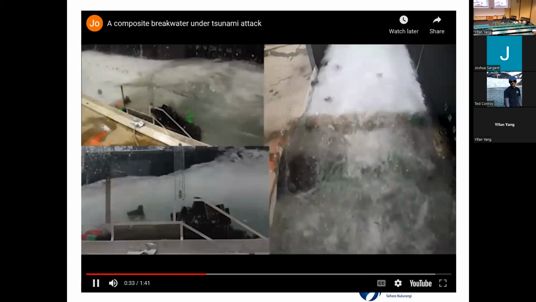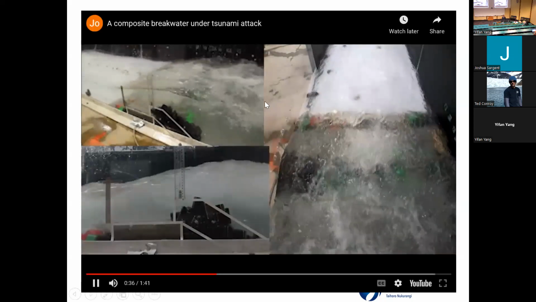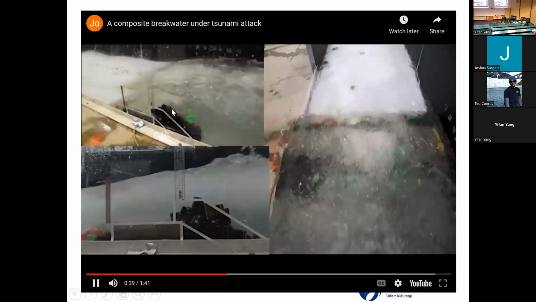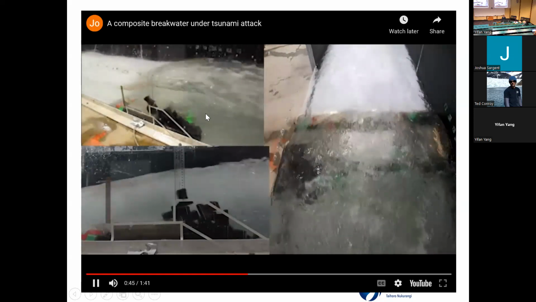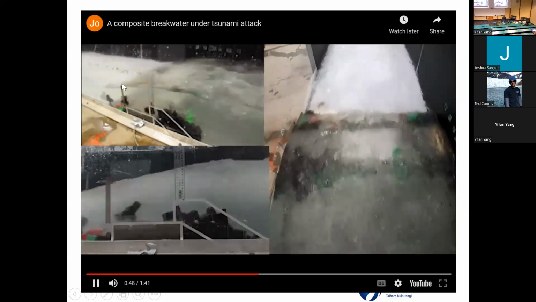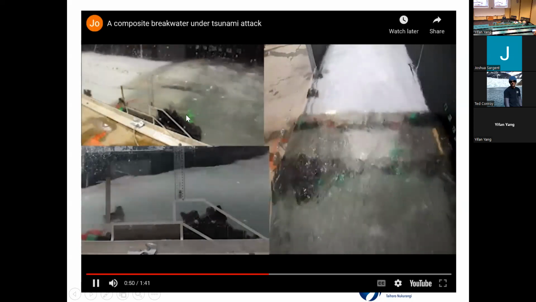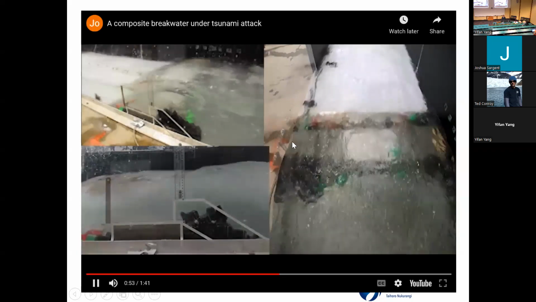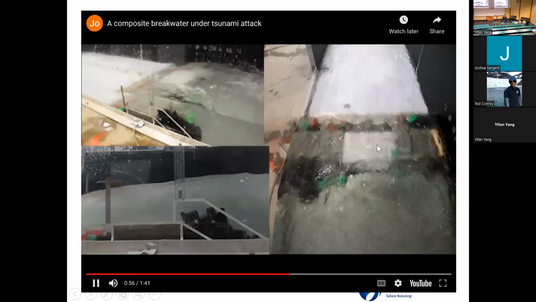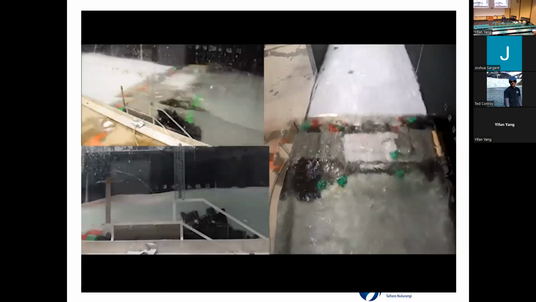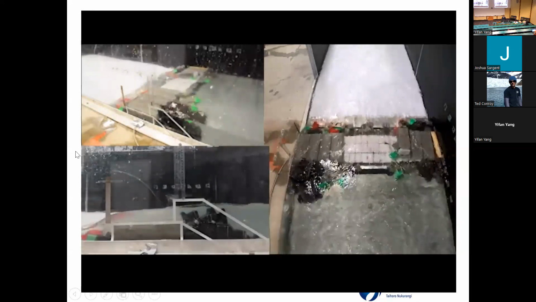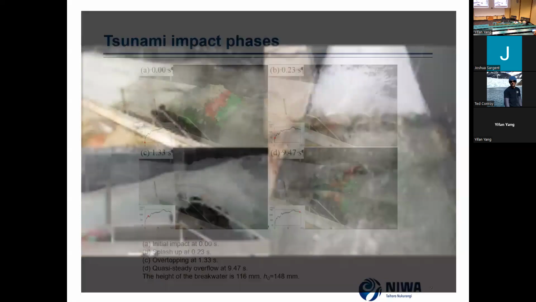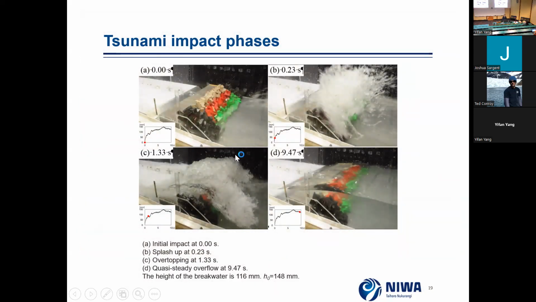And we can see that the first damage is in the armor layer, and after the armor layer is destroyed, the underlayer will be extracted and transported to the inland area. And after that, these big blocks will be in danger and may be transported away by the tsunami flow. And we classify the impact phases in 4 stages.